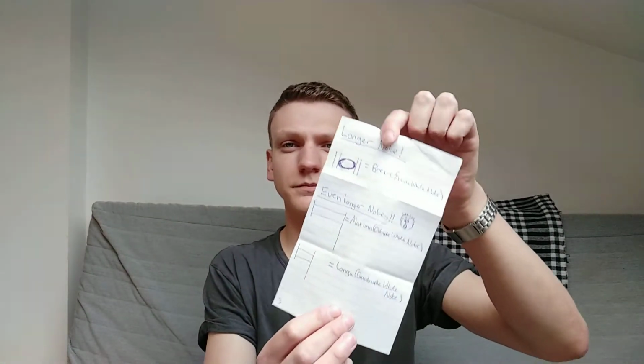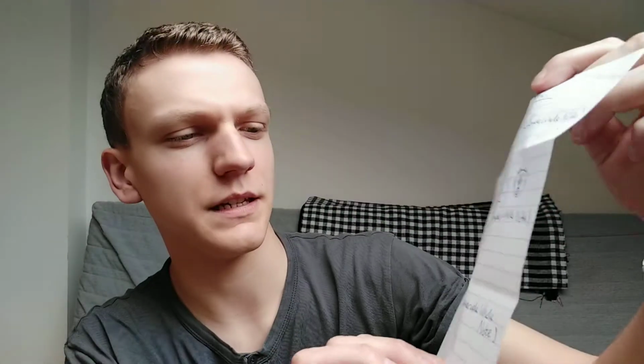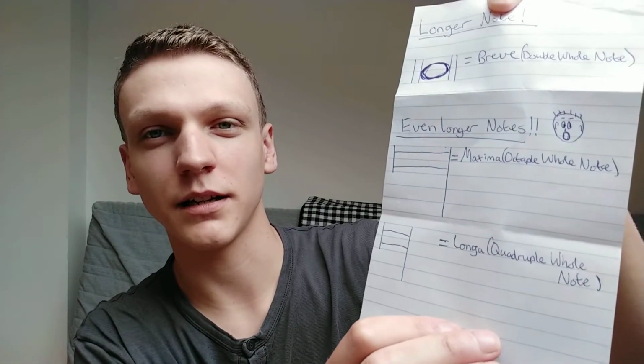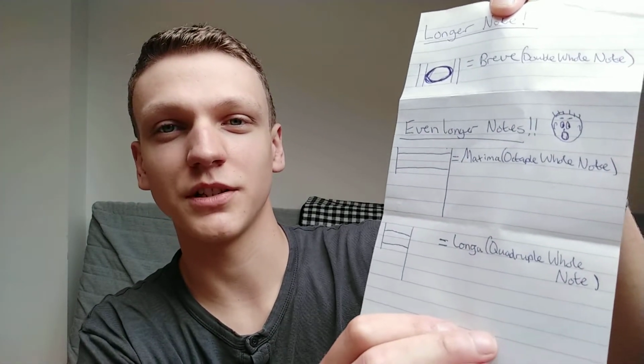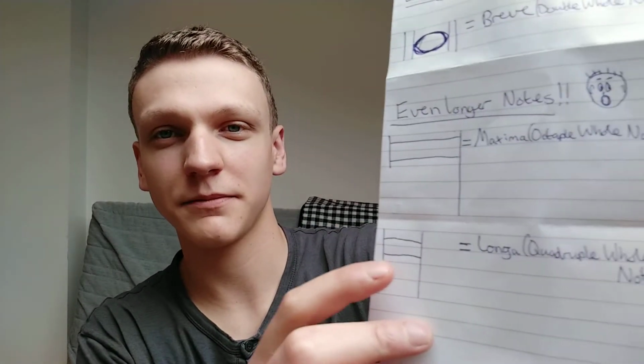The notes that were even longer than that aren't used today, but they are actually named. We have the longa, which is called a quadruple whole note, and we have the maxima, which is an octuple whole note. They look like this.